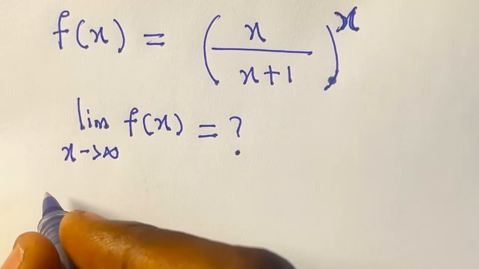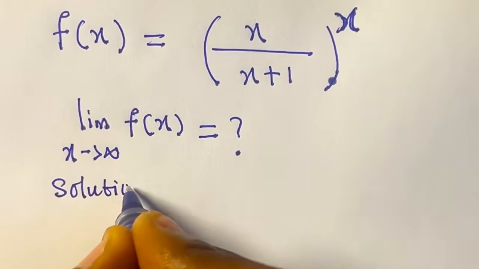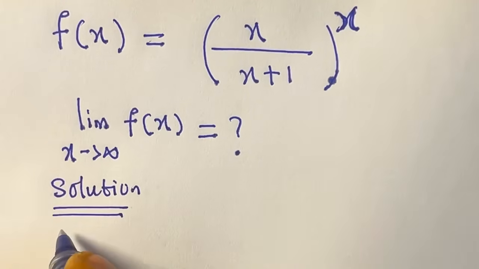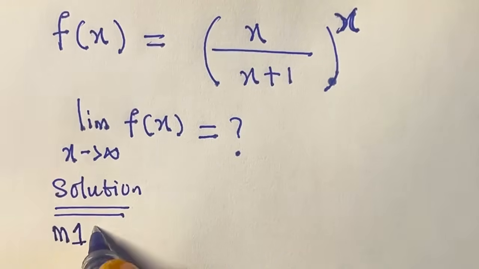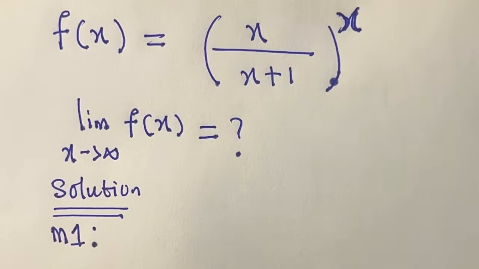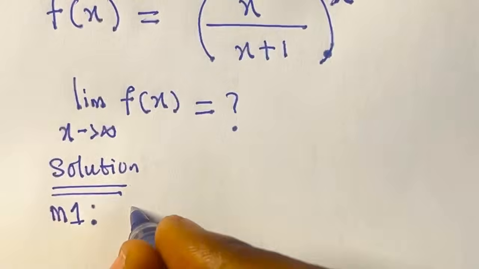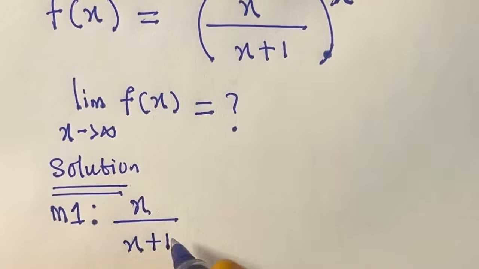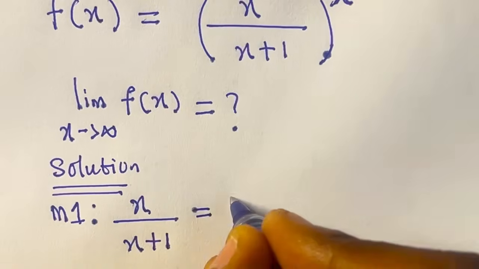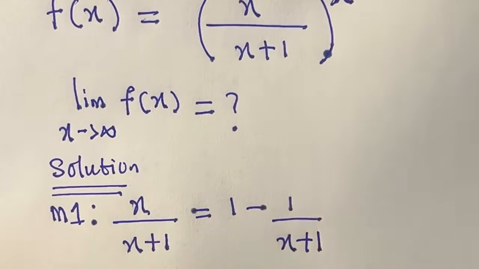All right, let's go with the first method. So, solution, method 1. If we look at this, we can express x divided by x plus 1 as 1 minus 1 divided by x plus 1.